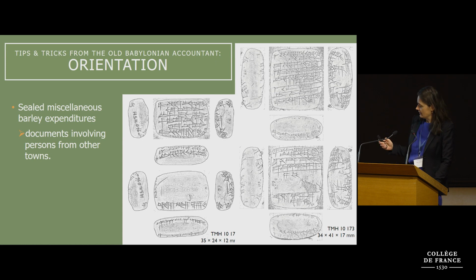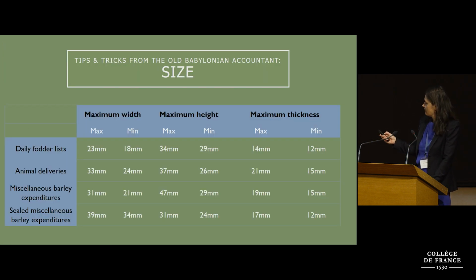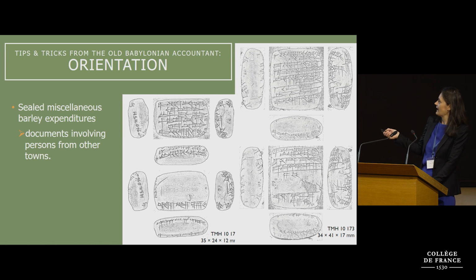So here you see two of the landscape documents, and you see that this one actually is not landscape because it has many entries, but it does include the sealing.